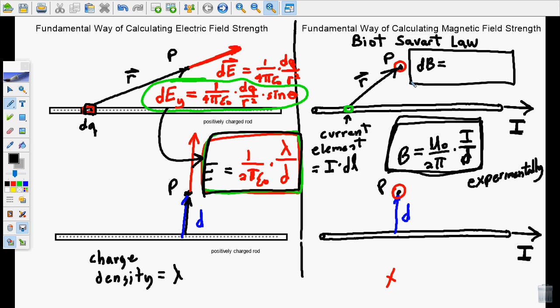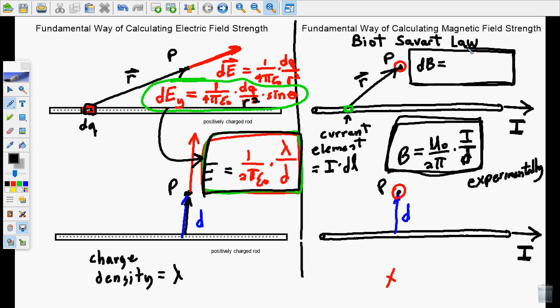And does it obey an inverse square law? So they did what we did before, backwards. They knew the answer, and they worked backwards to figure out what dB was. And this relationship that they got right here is known as the Biot-Savart Law.